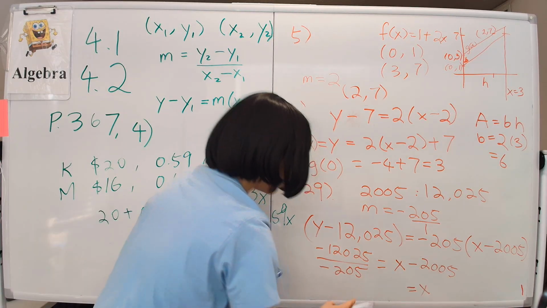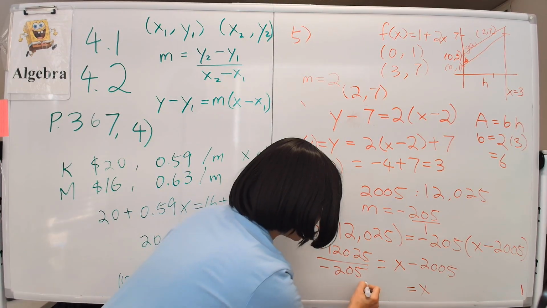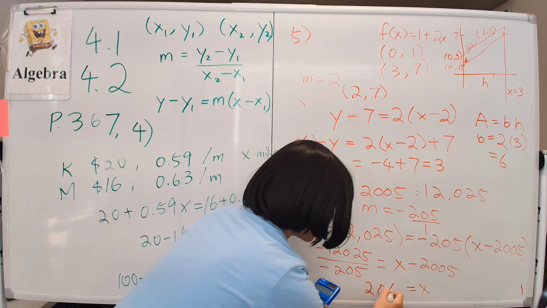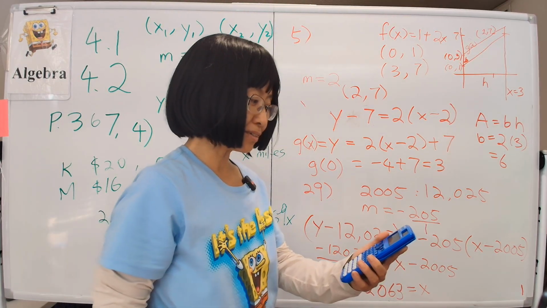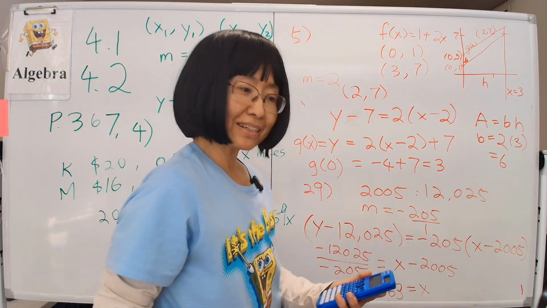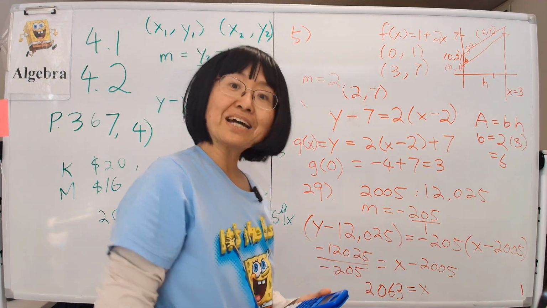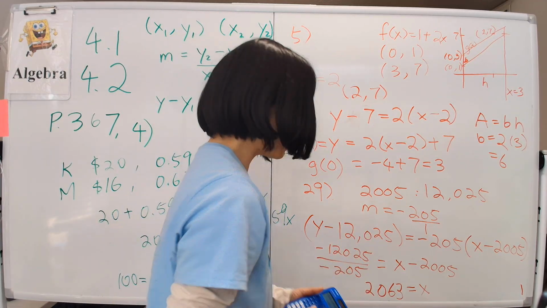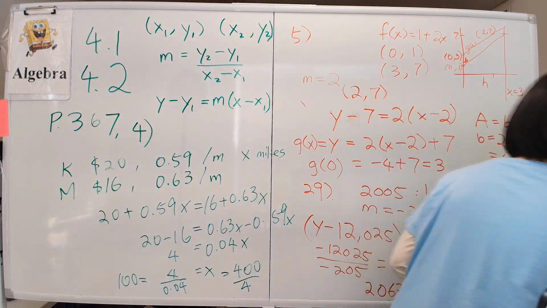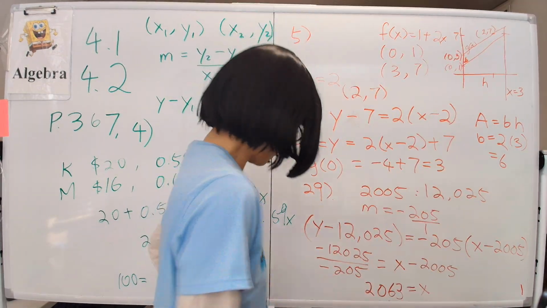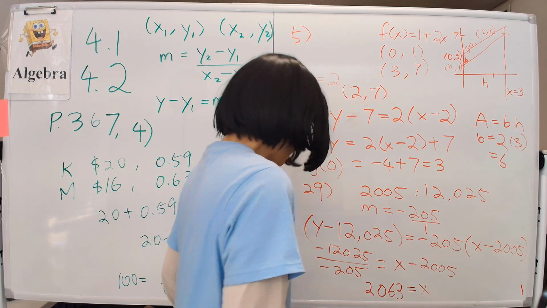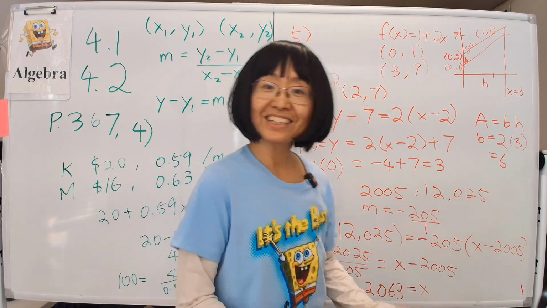So the final result is 2063. So if the trend holds, then by 2063 or 2064 if you round up, nobody will have any codes, which is probably not going to happen, because linear models are not that good at predicting this type of thing, but it's still interesting to think about.